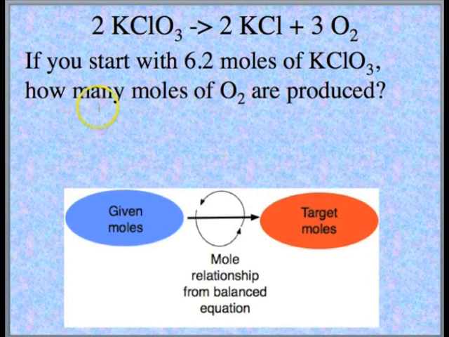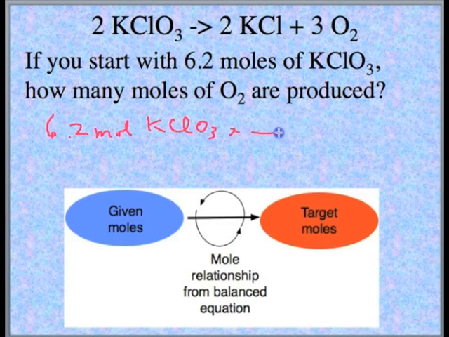So therefore, this provides a relationship that we have a ratio of 2 moles of KClO3 for every 3 moles of O2 produced. So what we can do here is to use this mole relationship and apply it to the given number of moles, 6.2 moles of KClO3.